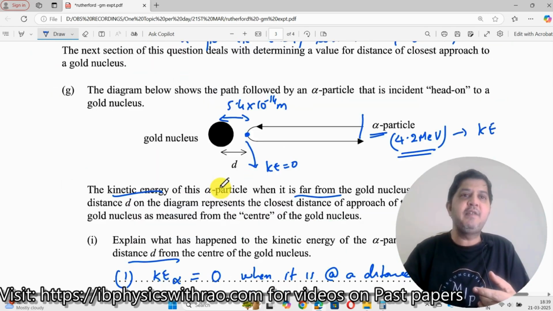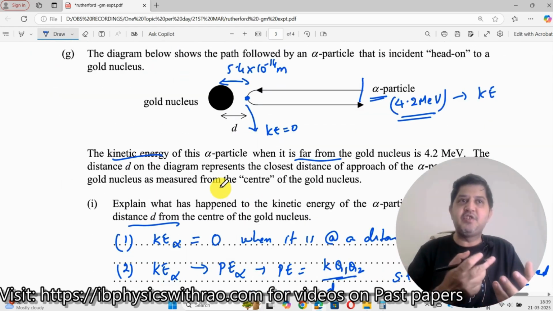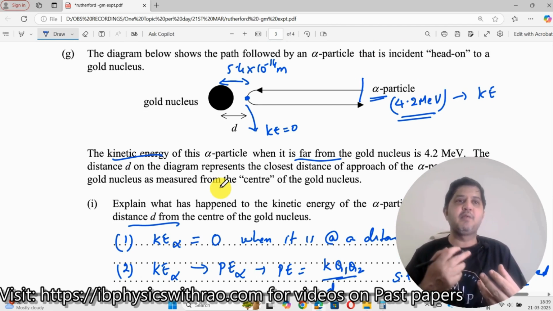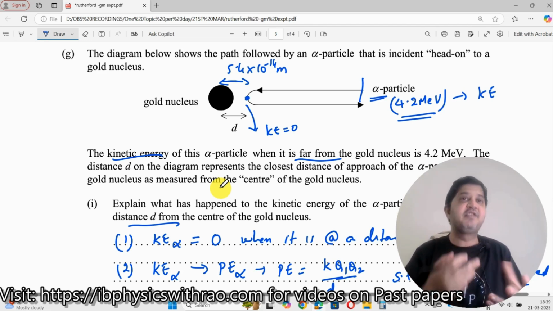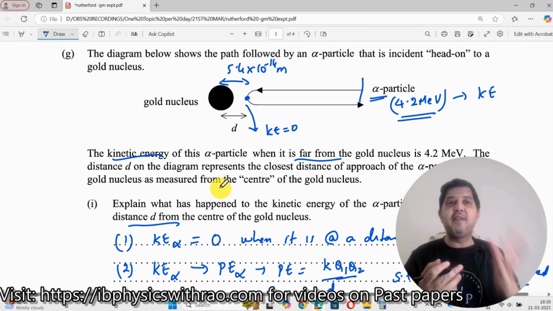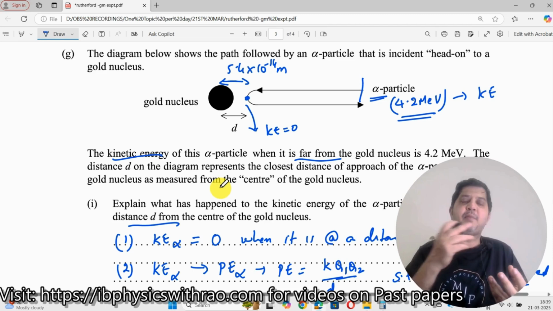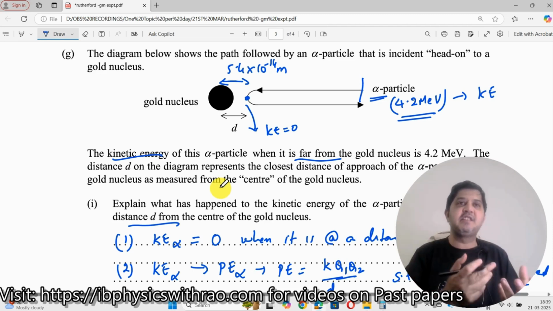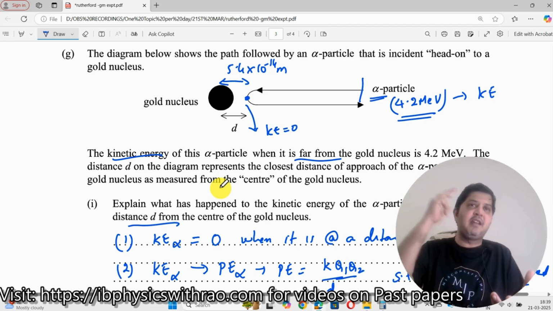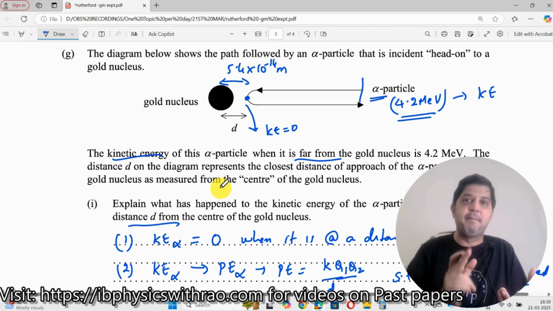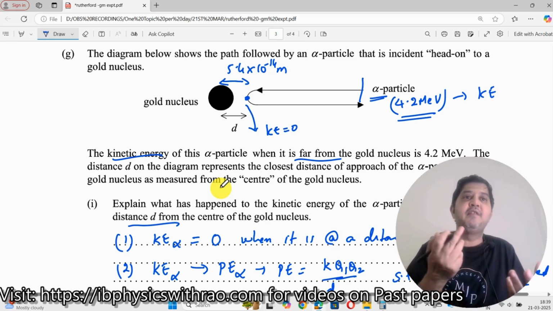And then finally we looked at a head-on collision of an alpha particle with a gold nucleus. We found the minimum distance, and how this is related to gravitation. I'm not saying gravitation and this are completely the same, it's totally different, but as an analogy, the similar thing happens here also, and we found the value of d.